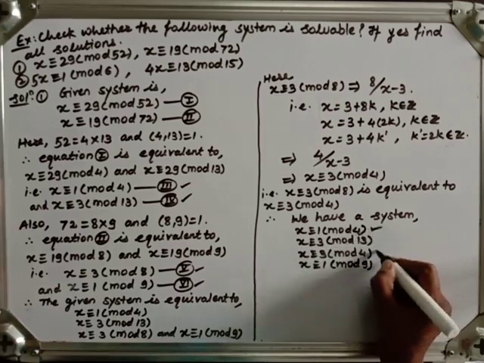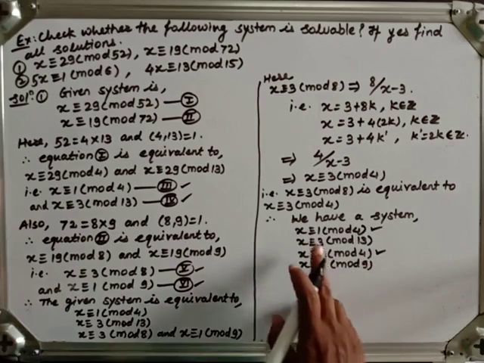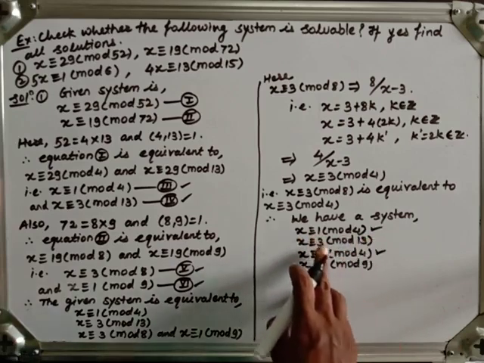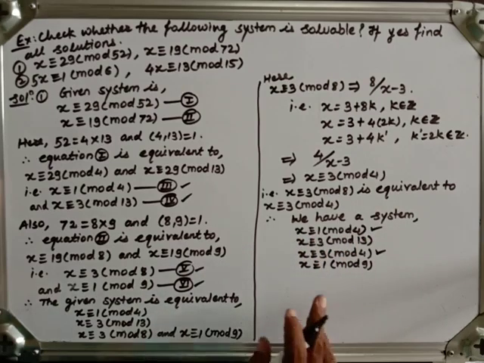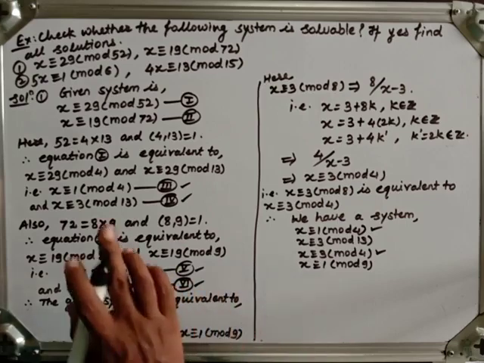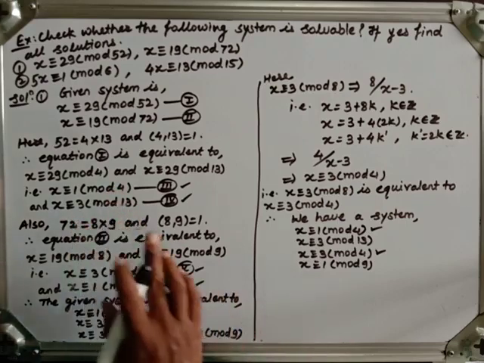But here these two equations give a contradiction. Modulo 4 will give us a remainder 1 as well as 3. This is not possible. That's why this system doesn't have a simultaneous solution.